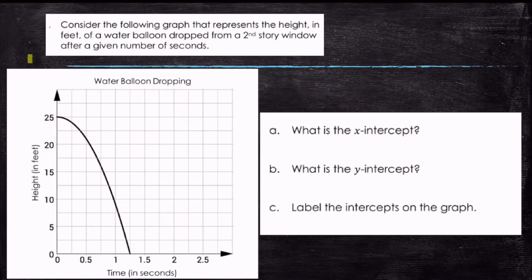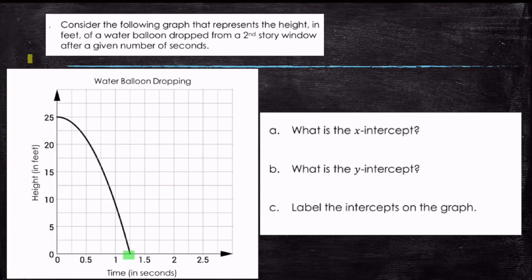So let's look at this graph. This represents the height in feet a water balloon is dropped from a second-story window after a given number of seconds. So I can interpret a lot from this graph, and I can figure out a lot from this graph. So first, let's decide what's the x-intercept. Well, remember, it's the place where it touches the x-axis.